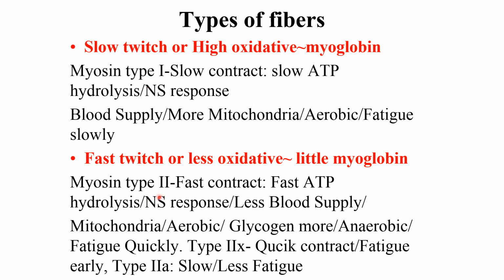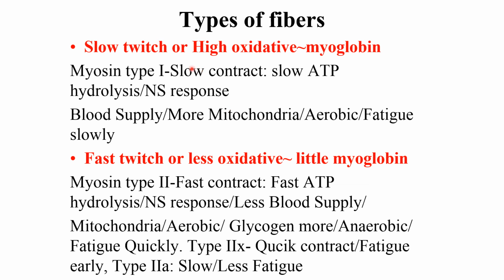In case of the human being, these muscle fibers are intermittent, meaning they are mixed, they are not separate. So we can see a few of the people can do sprinting activities, and a few can run for longer distances.